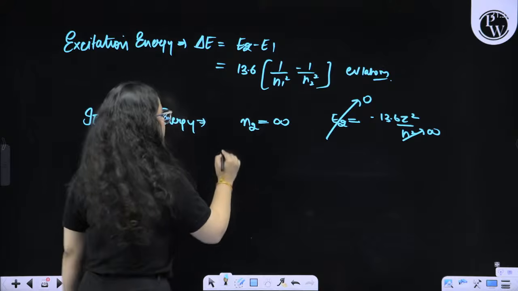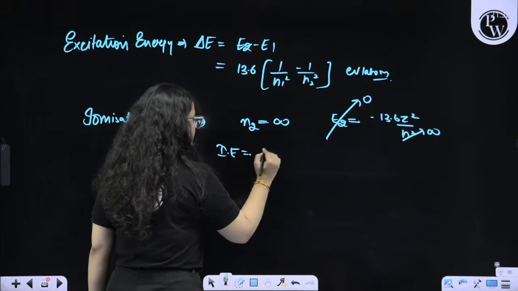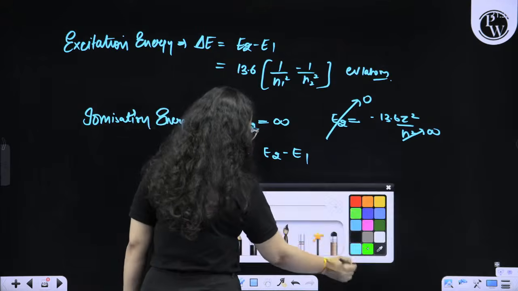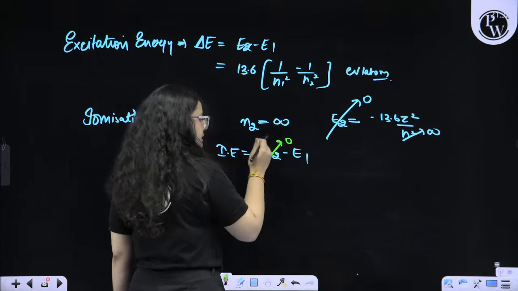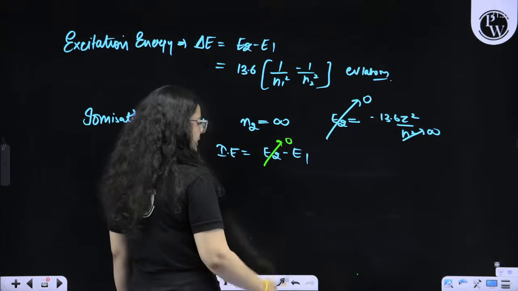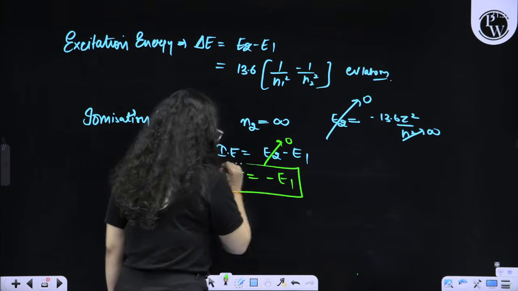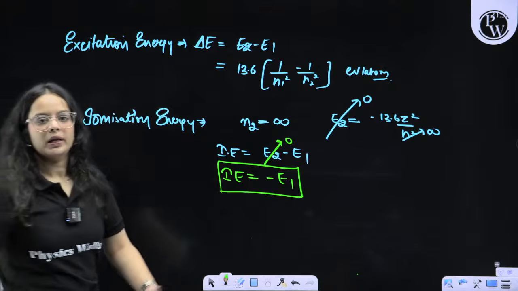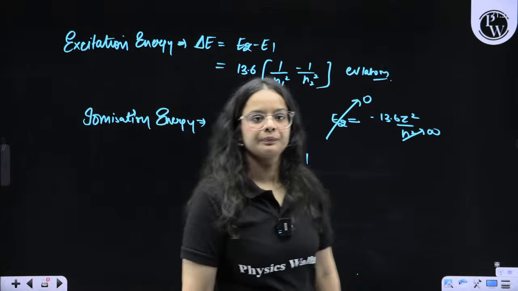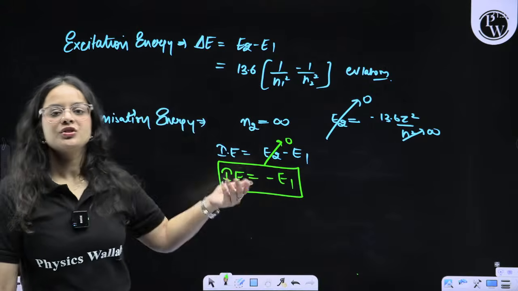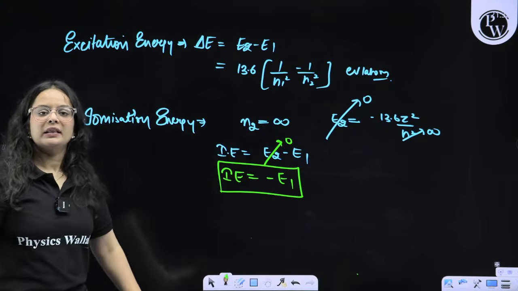So ionization energy will be E2 minus E1, and E2 is 0 because the n value is infinite. So ionization energy is just the opposite of the energy of the initial level they give you. Whenever they ask about ionization energy, just change the sign. That's it, you get the final answer.